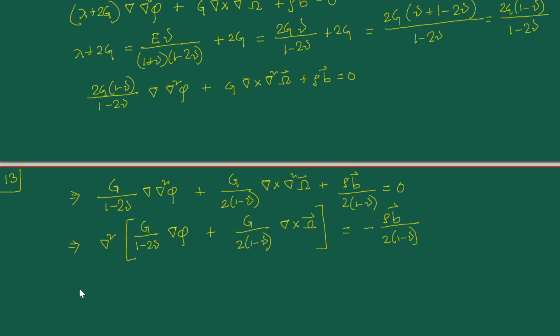Now, for apparently no rhyme or reason, we are going to set this entire thing sitting within this square bracket as minus b vector. First, you check that phi is a scalar quantity operated on by the gradient operator, so this entire thing becomes a vector. The omega vector is a vector, and the curl of a vector is another vector.